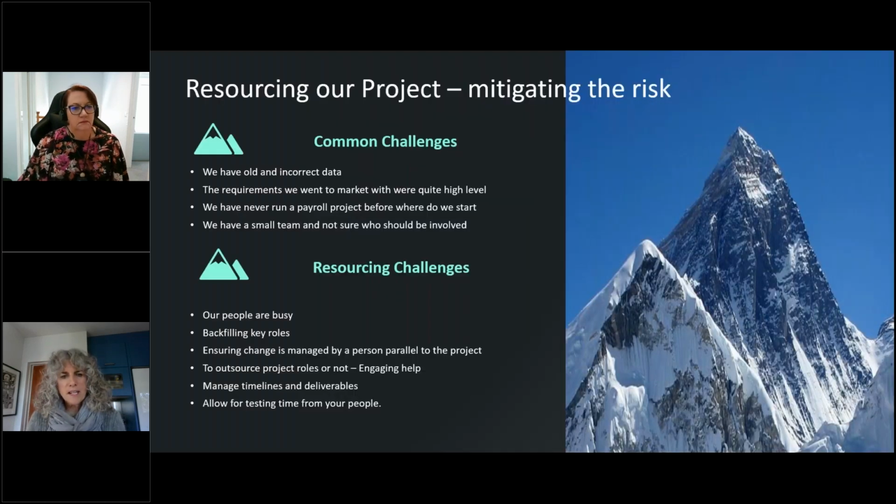Just going on to the next slide. One of the first things you should acknowledge and do, and it is a bit like climbing a mountain because every step seems a little bit painful, is acknowledging the risks. In any project, it's good to document those and start your risk register right from the very start, because then you will get a view of some of the challenges coming up through the process.